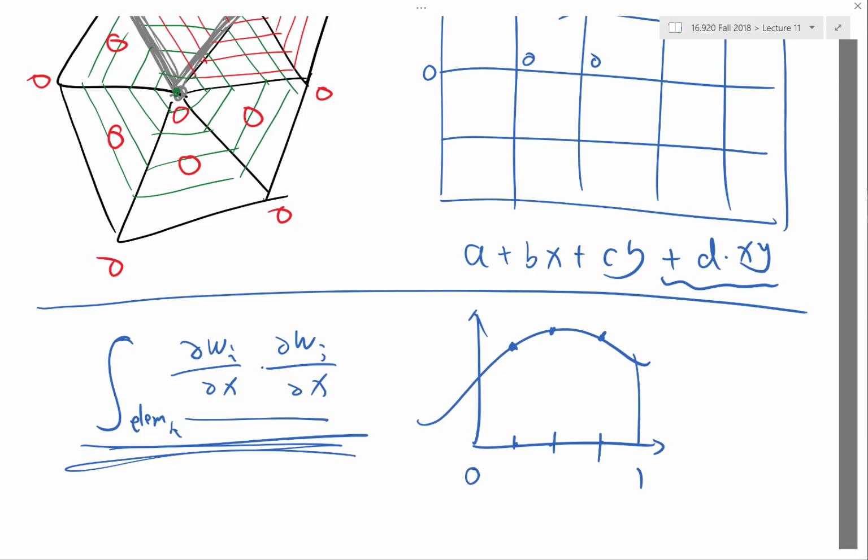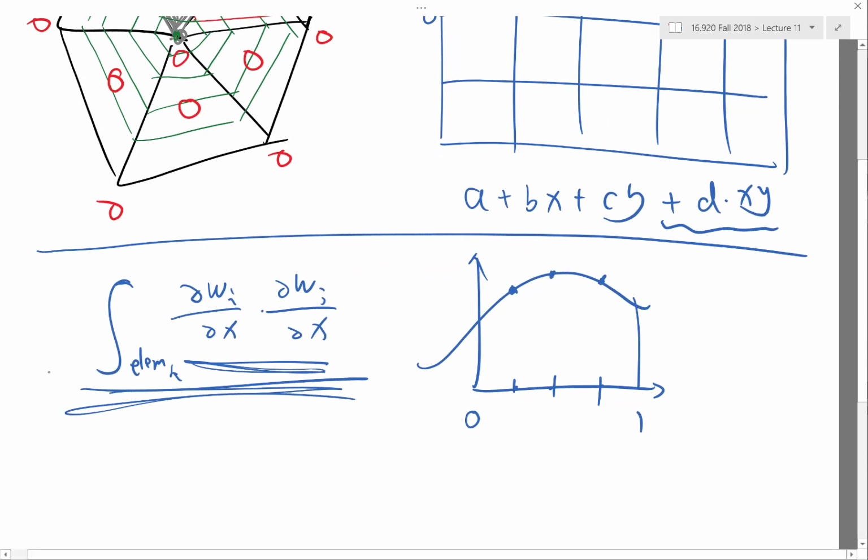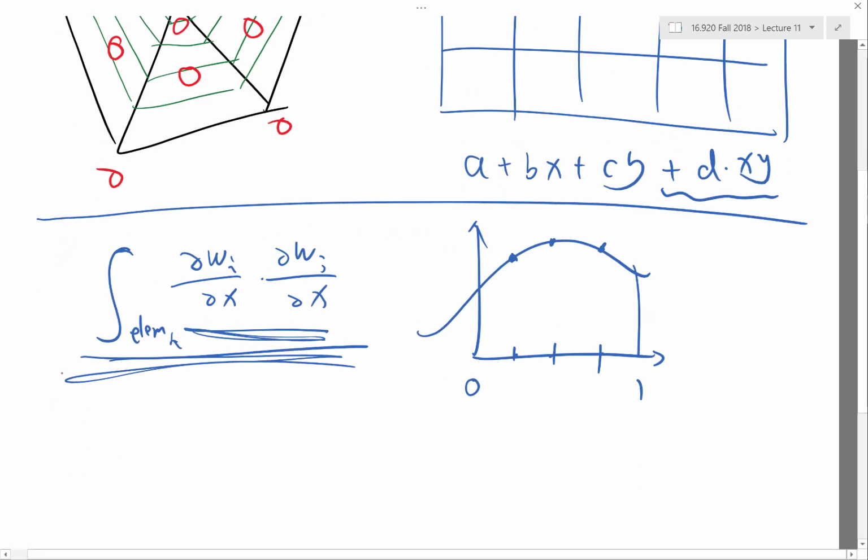By the way, don't apply Gauss Quadrature to multiple elements because the basis functions are usually not that smooth across elements. In our one-dimensional case, for example, the derivatives are actually discontinuous across elements, and Gauss quadratures are not accurate for non-smooth, especially discontinuous functions. So basically apply Gauss quadrature to every element.